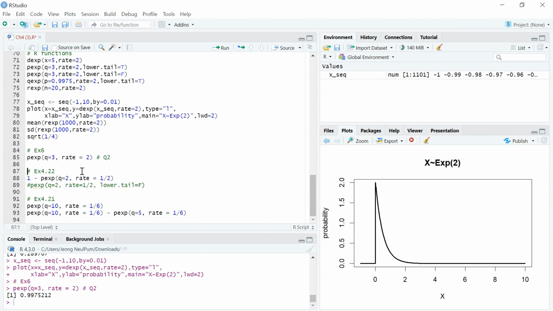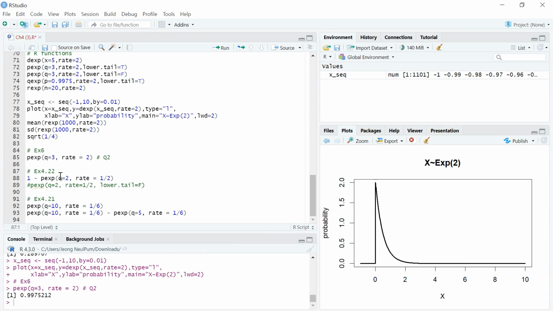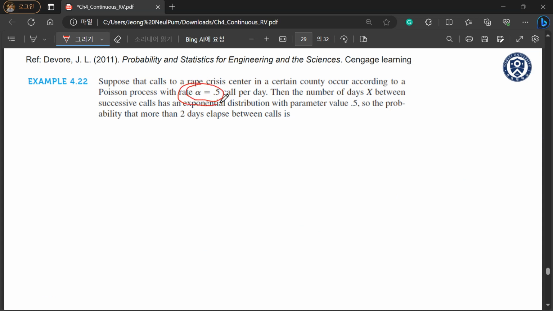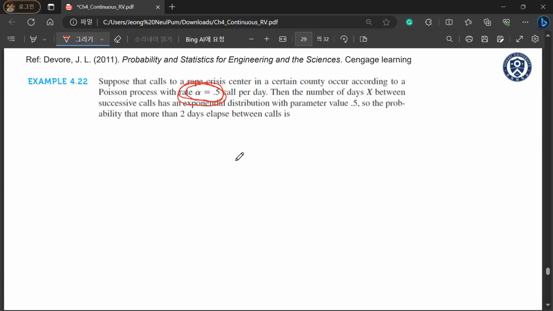And for example number 4.22, it says that our rate hyperparameter is 0.5, and it wants us to get the probability when x is more than 2, which is the same as 1 minus the probability when our exponential random variable x is less than or equal to 2.